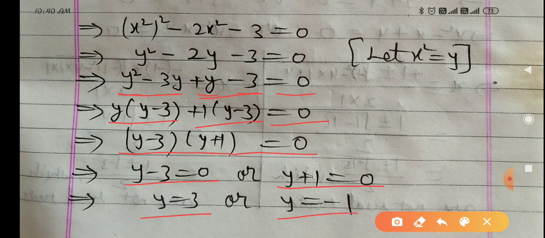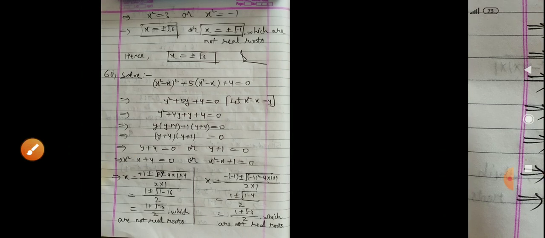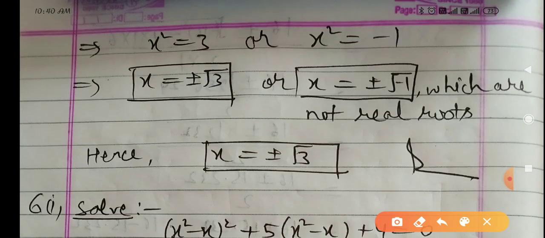Now we had to find the value of x. So in place of y, again you can put x square equals 3 or x square equals minus 1, because y means x square; at the start of the question I put x square equals y. Now you put y equals x square. So x will be plus minus root 3 in the first case. In the second case it is coming x equals plus minus root minus 1.